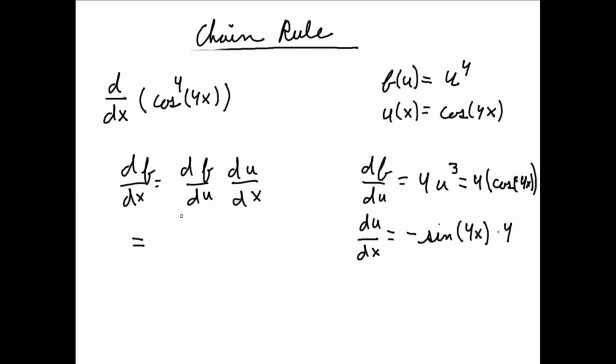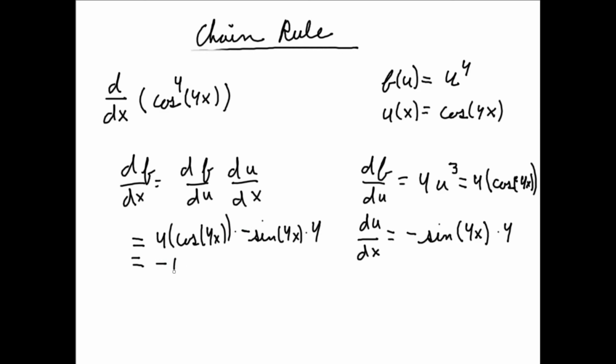Once again, all I need to do now is just multiply these together. Derivative of f with respect to u is going to be 4 times cosine 4x, times the derivative of u with respect to x, negative sine 4x times 4. There we go. Now we can simplify this. We have 4 times 4, and we also have a negative, so bring that to the front.